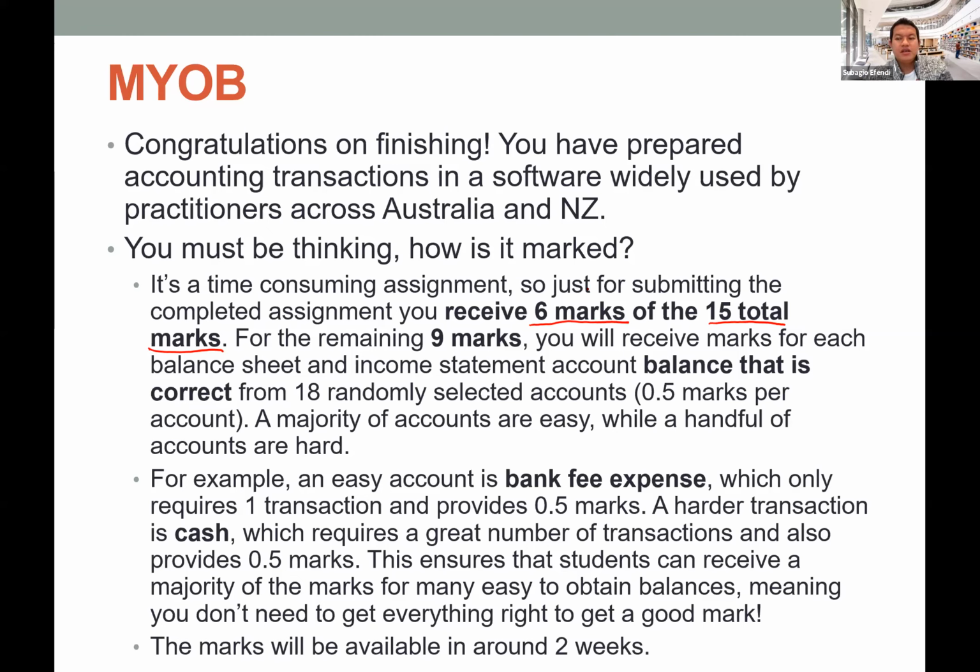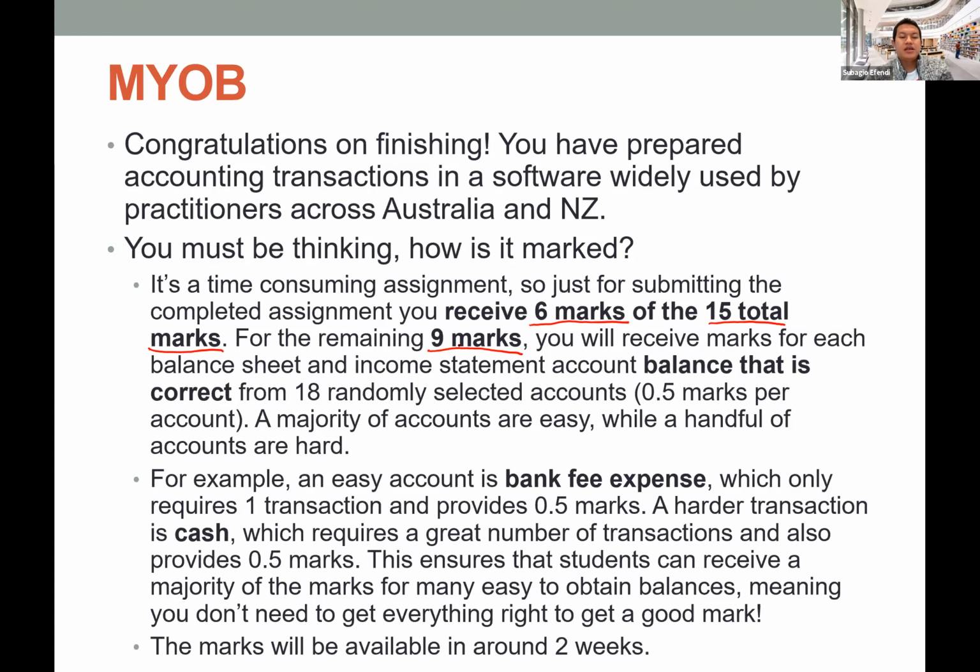Regardless of the accuracy, if you submit the full 6 reports, the balance sheet, profit and loss, bank reconciliation, and some other reports, you will get 6 marks. And the remaining 9 marks will be given based on the accuracy of the reports.